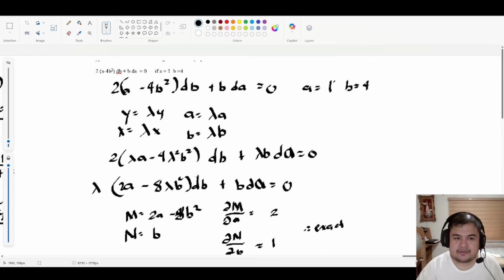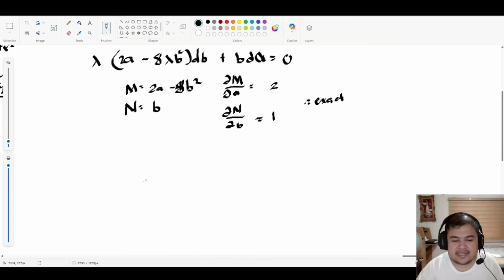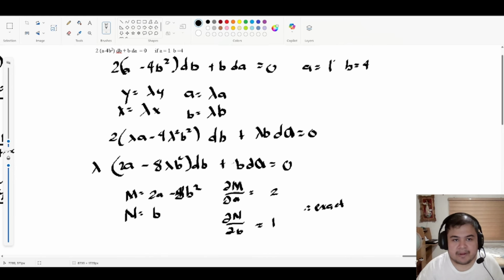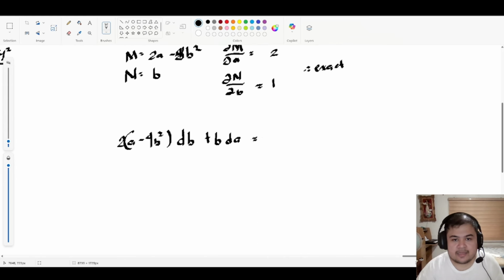Okay, so what we're going to do is try to be linear. Because b is already second degree, we're gonna try linear in a. So 2a minus 4b squared db minus b da. Okay, b is already squared. The variable a is not.